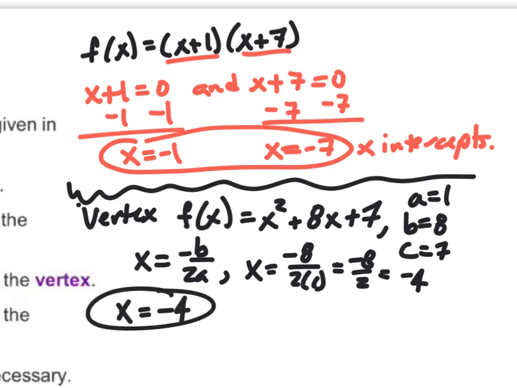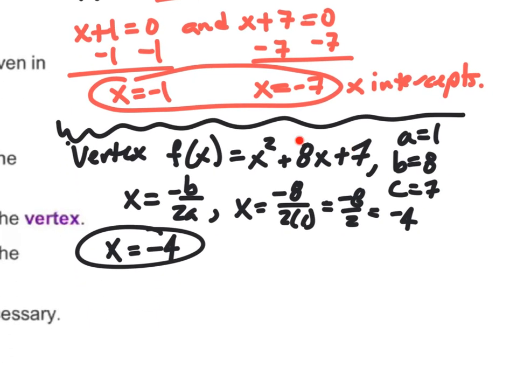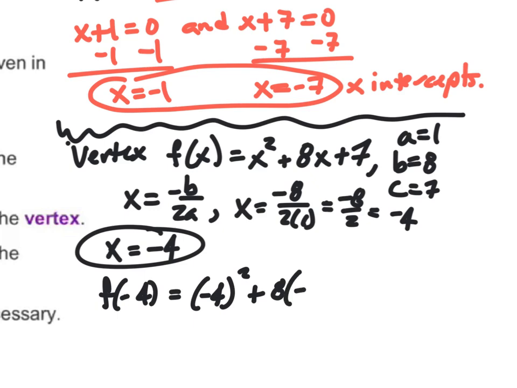Now what I want to do with that is plug that value into my function to find the y value. So if I do f of negative 4, that's going to give me negative 4 quantity squared plus 8 times negative 4 plus 7. Negative 4 squared is going to give me 16, and then minus 32, and then plus 7.